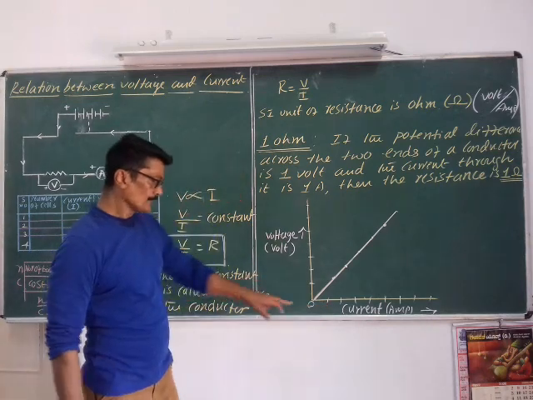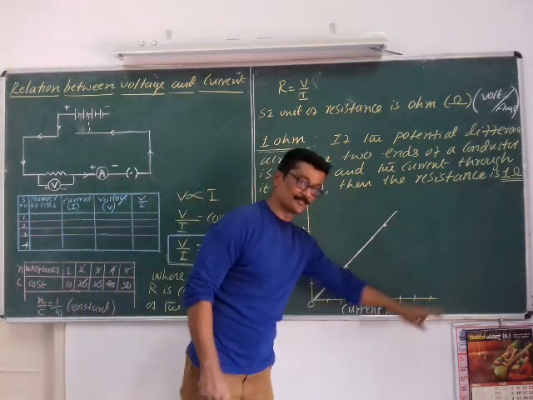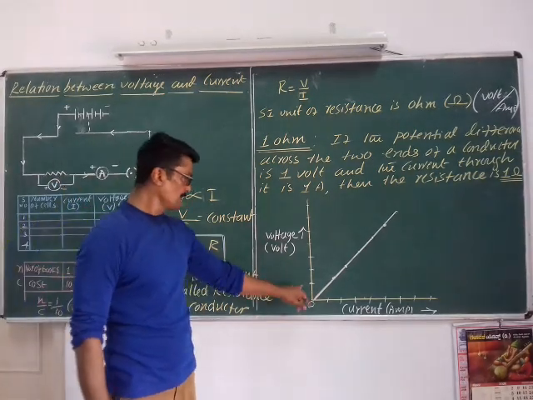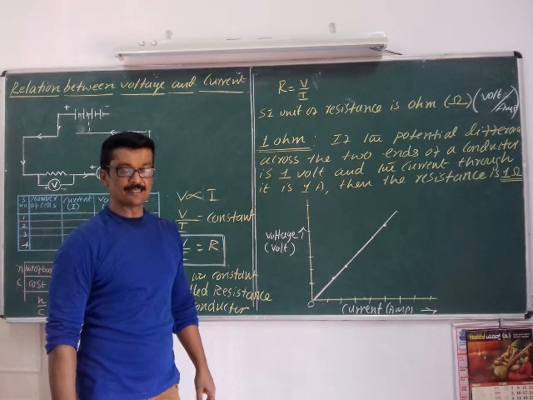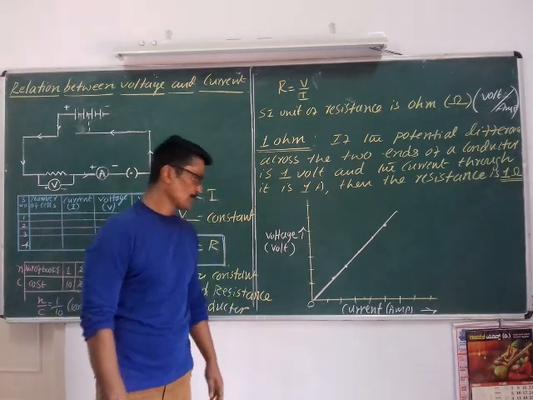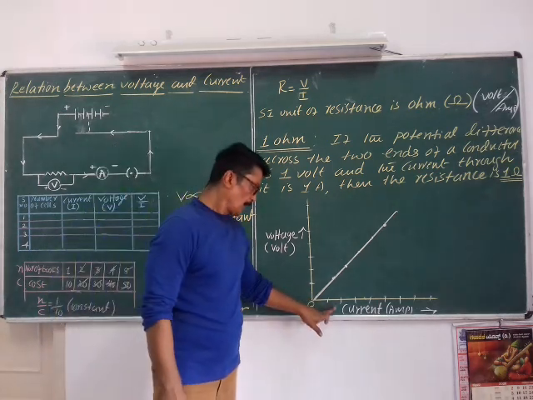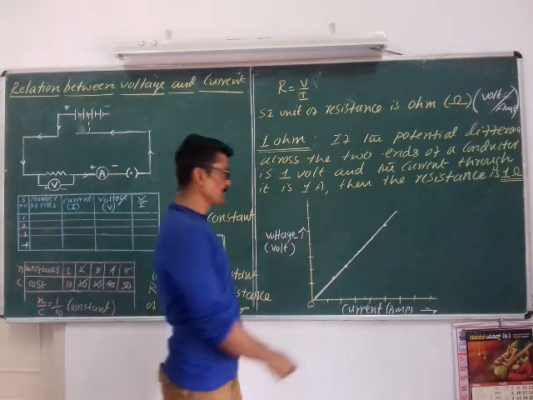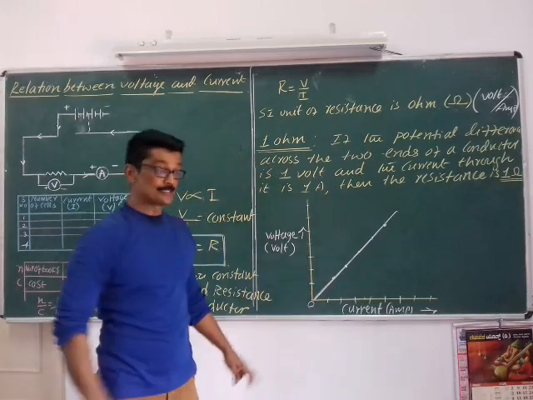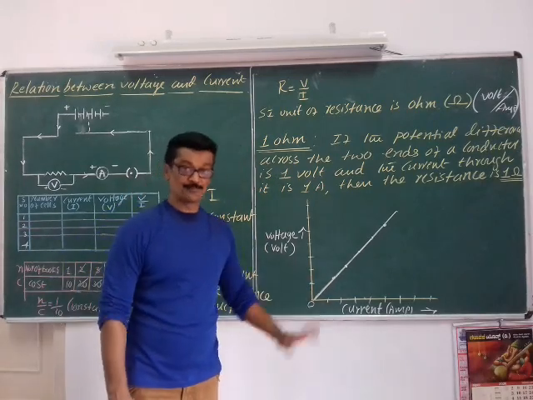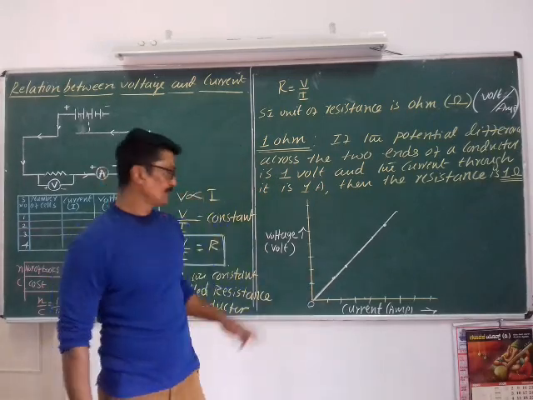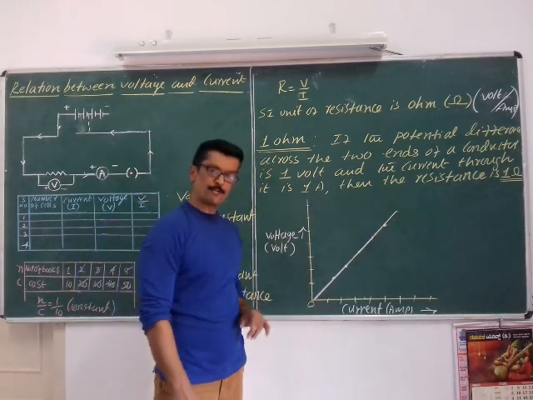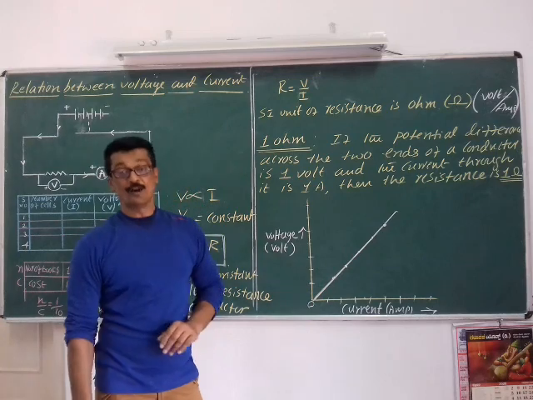Plot current along the x-axis and potential difference, that is voltage, along the y-axis by taking a convenient scale. After plotting the current and corresponding voltage, you will get a straight line which is passing through the origin. Always you will get a straight line graph which is passing through the origin.